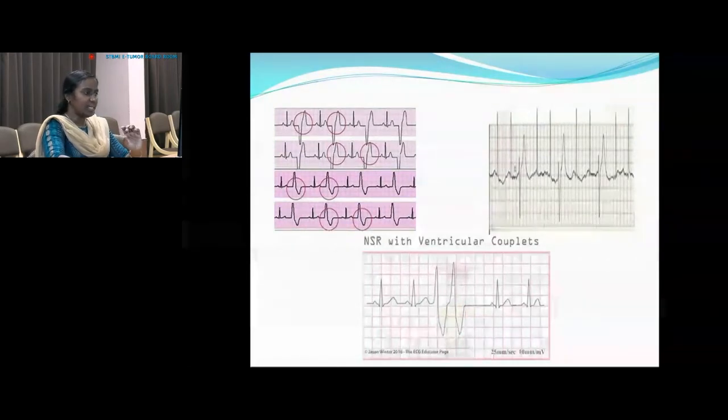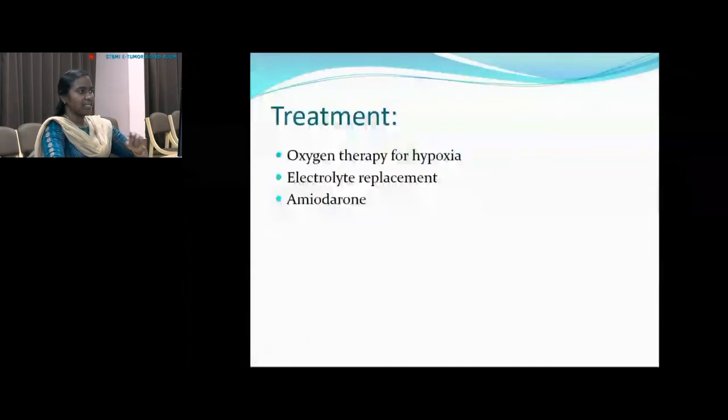And when two consecutive PVCs are observed, then we say that as couplets, ventricular couplets. See here, there are 2 consecutive PVCs. It is called ventricular couplets. And treatment: oxygen therapy for hypoxia and electrolyte replacement should be given.